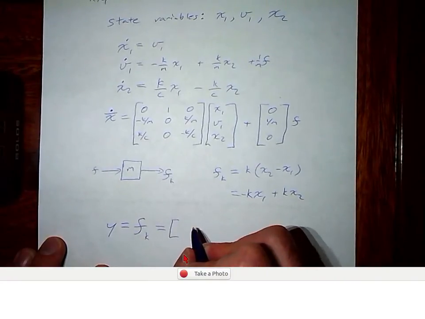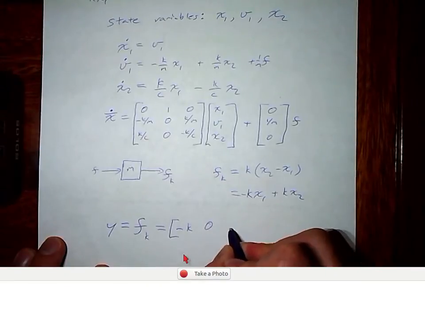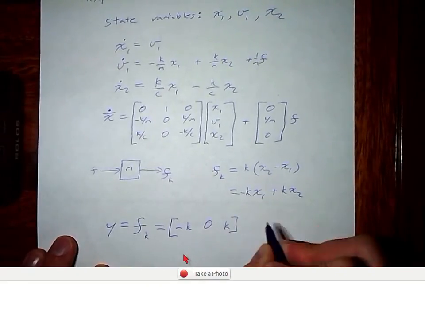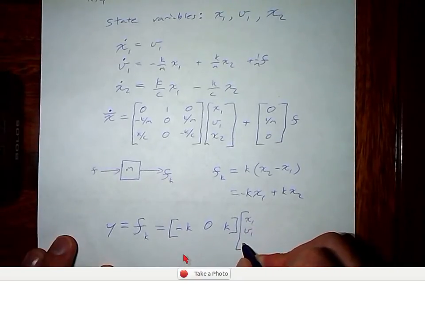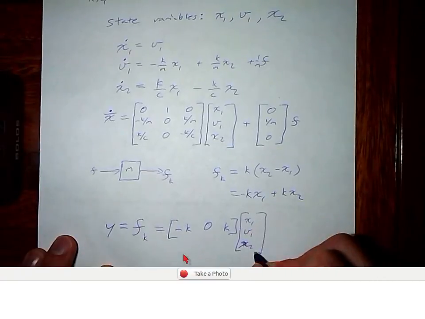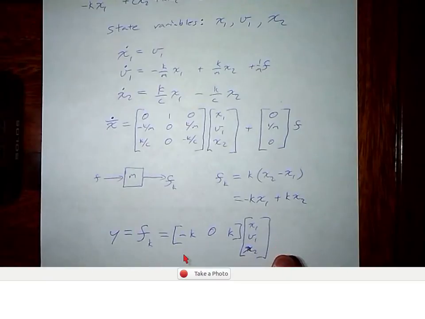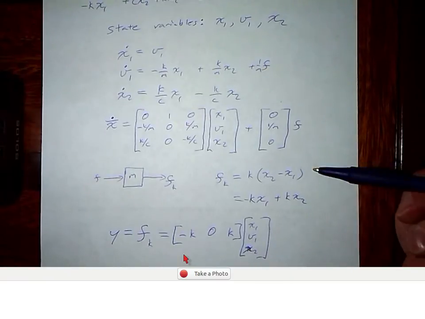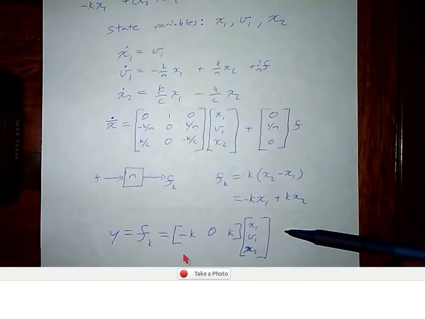And here's the output matrix C, so it's negative k, 0, k, and then multiply that by the state vector, x1, v1, x2, v2. Right? So that's the state space representation for this system, or a state space representation. It's not unique. But here's the state equation and the output equation.